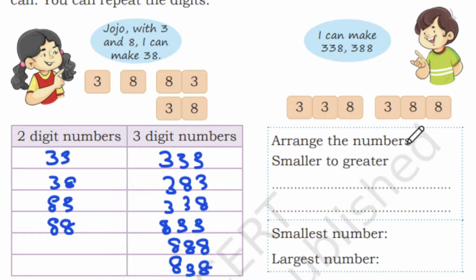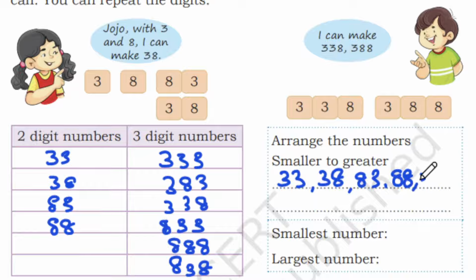Okay, so arrange the numbers from smallest to greatest. Which is the smallest number? 33 is the smallest number. Next we have 38, next 83, next 88.